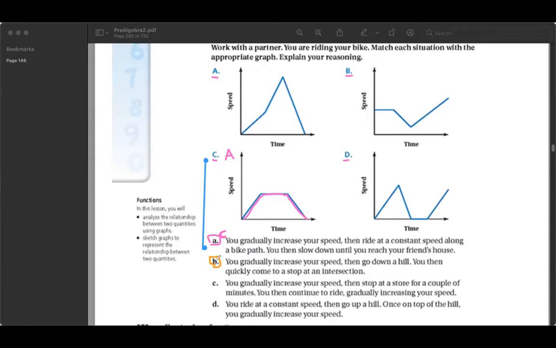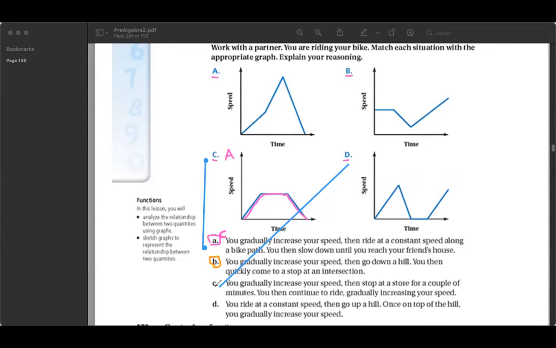A, B, or D? B? So I heard a B. I think it's either A or B, because I think D is... Maybe D. I heard a D. You gradually increase your speed, so it could be A or D. I think D is C. Because you increase your speed, then slow down, stop, and then continue, so it can't be D. So it's either A or B. But it can't be B, because if you came to a stop at an intersection, why would you keep getting faster?